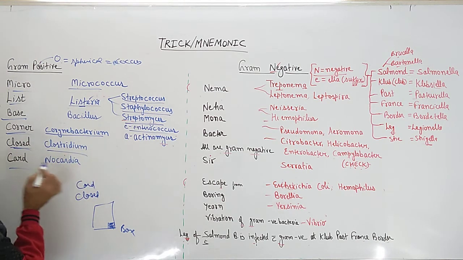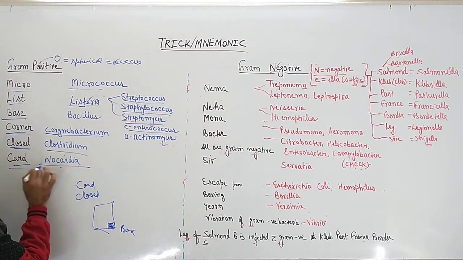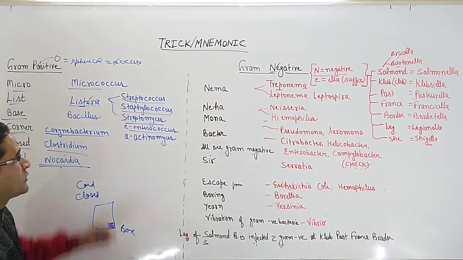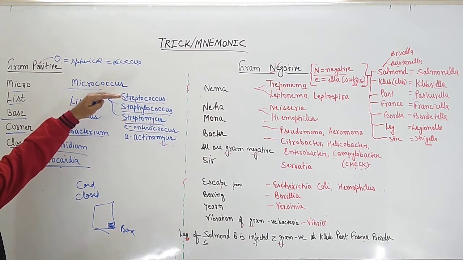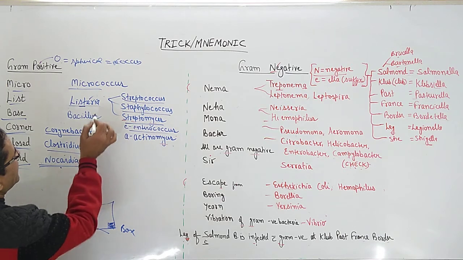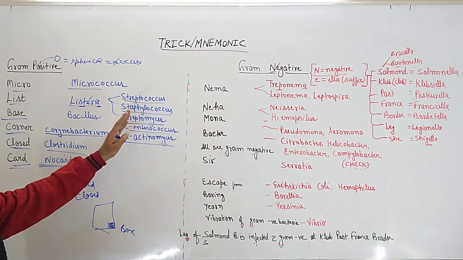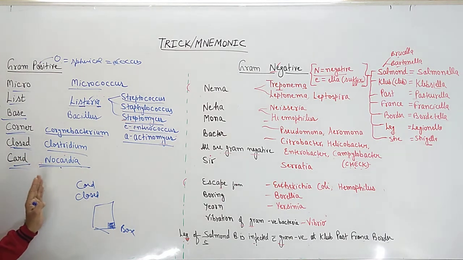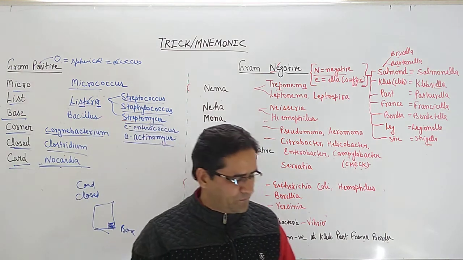Closed, clostridium. Card, from card we are deriving a word, nocardia. So these are the examples: micrococcus, streptococcus, staphylococcus, streptomyces, enterococcus. Now A was also there. A stands for actinomyces. Actinomyces, corynebacterium, clostridium, nocardia. So these are the examples of gram positive bacteria.